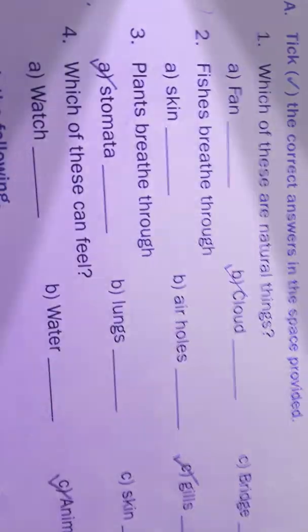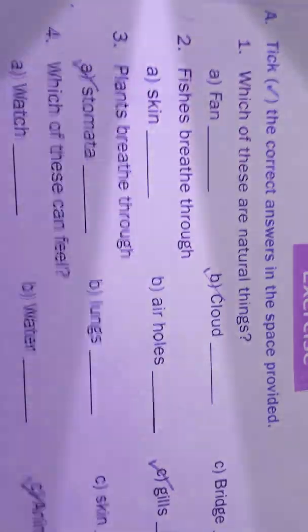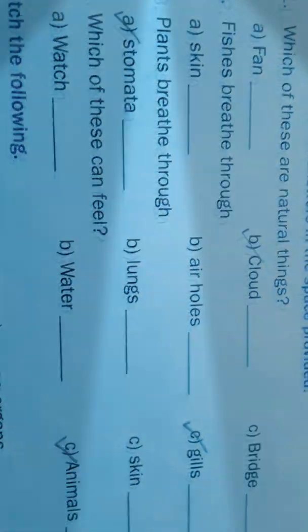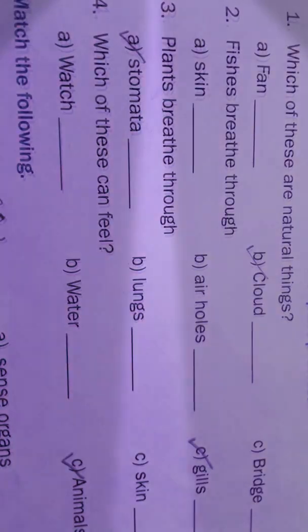Plants breathe through stomata, lungs or skin. What are the breathing organs of plants? Yes, the bean-shaped stomata. And fourth one, which of these can feel? A watch, water or animals? What is the answer here? Yes, animals. Animals can show their feelings.